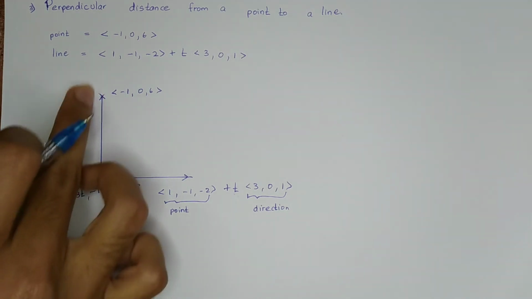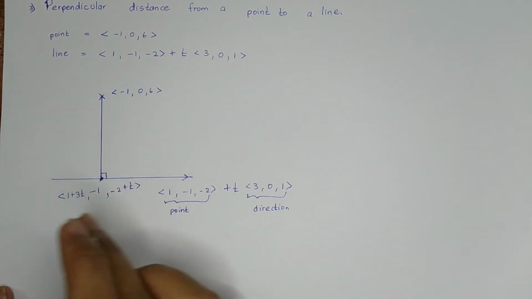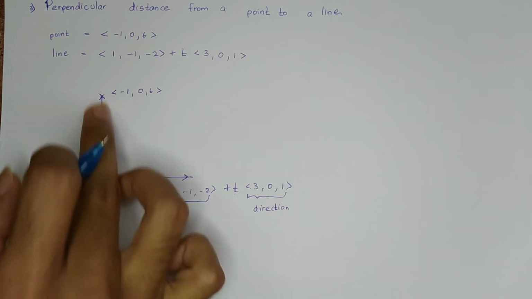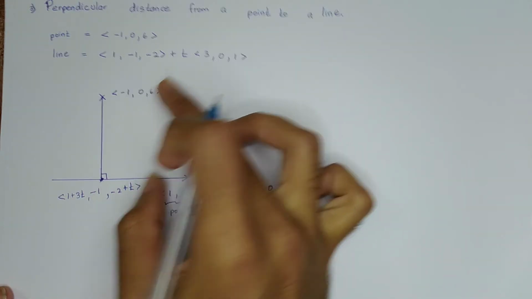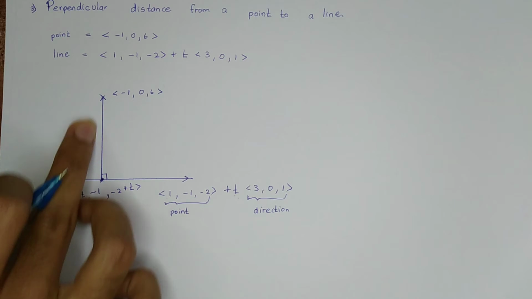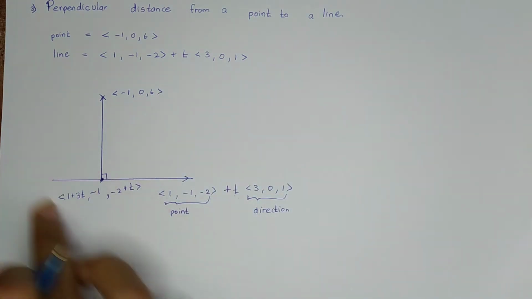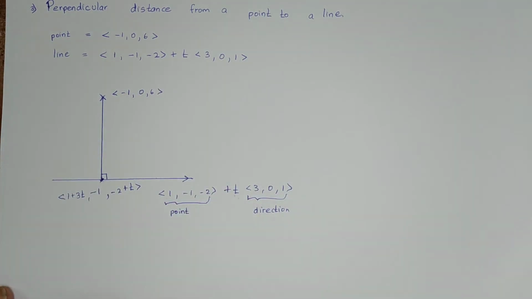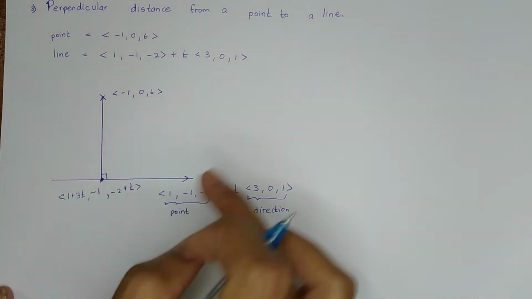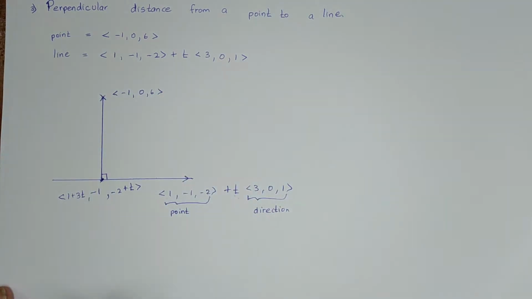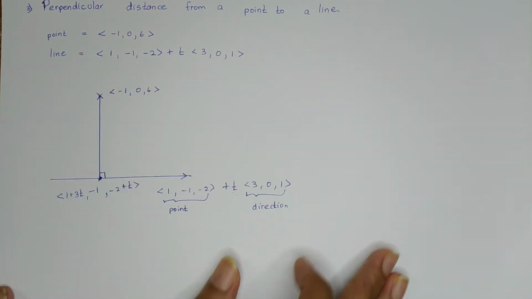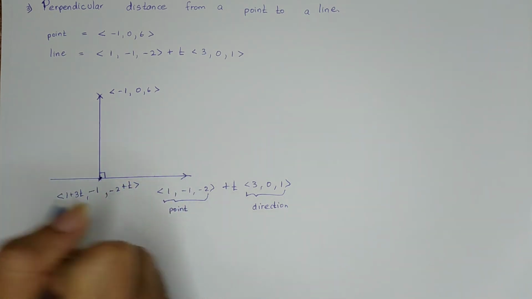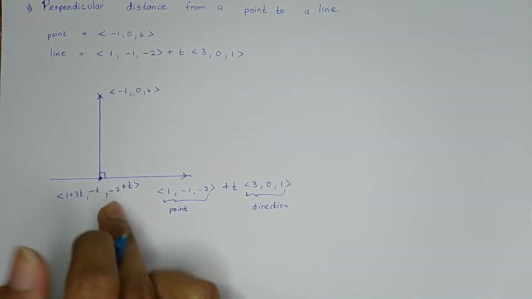When I'm finding the direction vector of this line, as I have already mentioned in my previous videos, you can find the direction vector of this line by deducting one point from another point. So over here, I'm going to deduct this one from this one. You can do it either way.